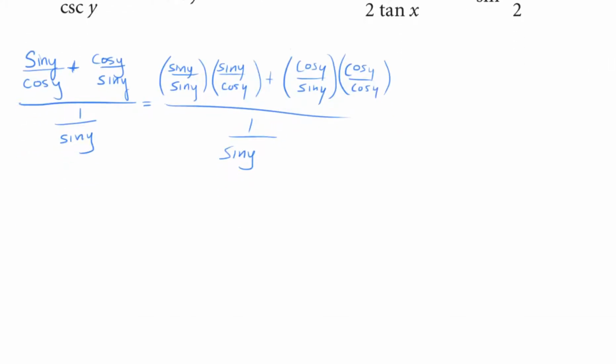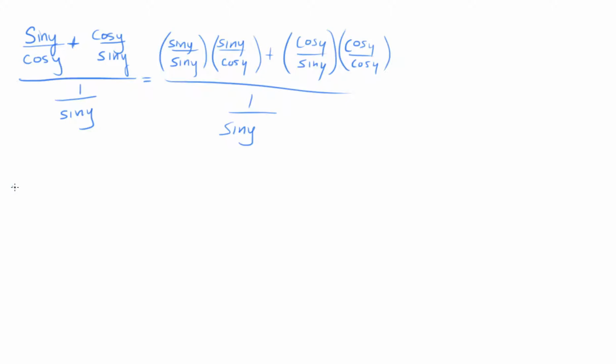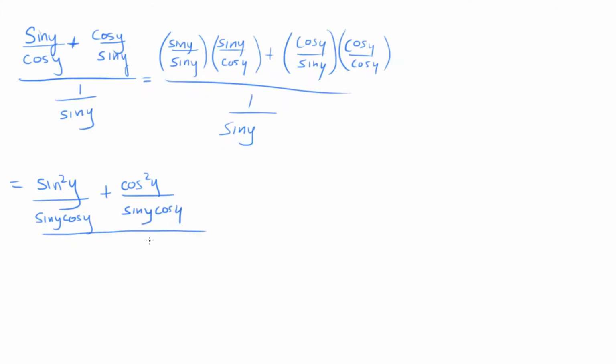Now, if we continue this way, sine times sine, right? Multiplying across is sine squared over sine cosine. Then cosine times cosine, again, is cosine squared over sine cosine over 1 over sine.